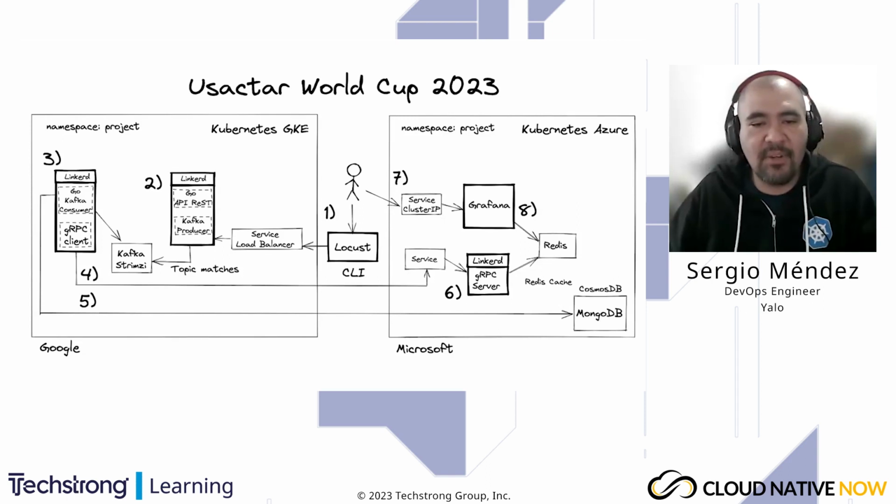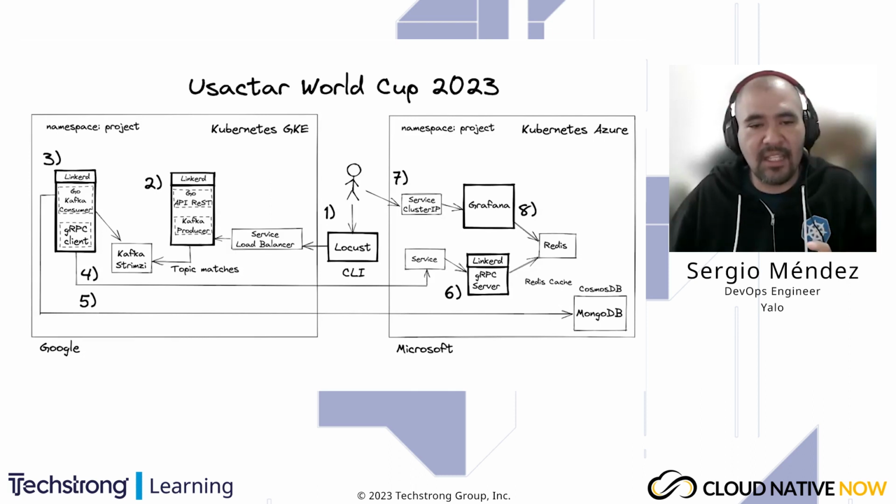This REST API is going to get the information and push it onto a Kafka queue called matches. So we are going to produce an event with information that a topic in Kafka is going to receive. In step number 3, there is another service that is going to listen to the topic matches.